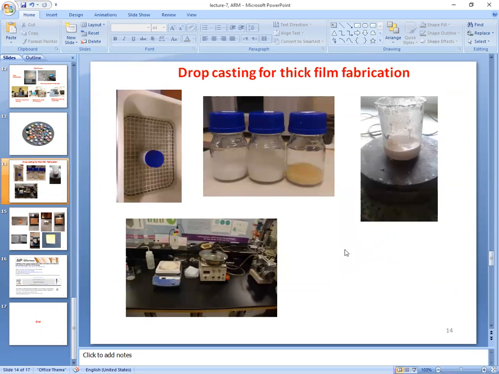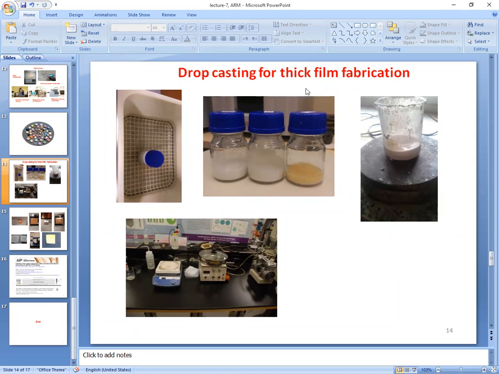Okay, so the next topic is drop casting for thick film fabrication. We will study it more in the next lecture for the synthesis and production of thin films. A thin film is thinner than a thick film. So after bulk, you have to make thick films.